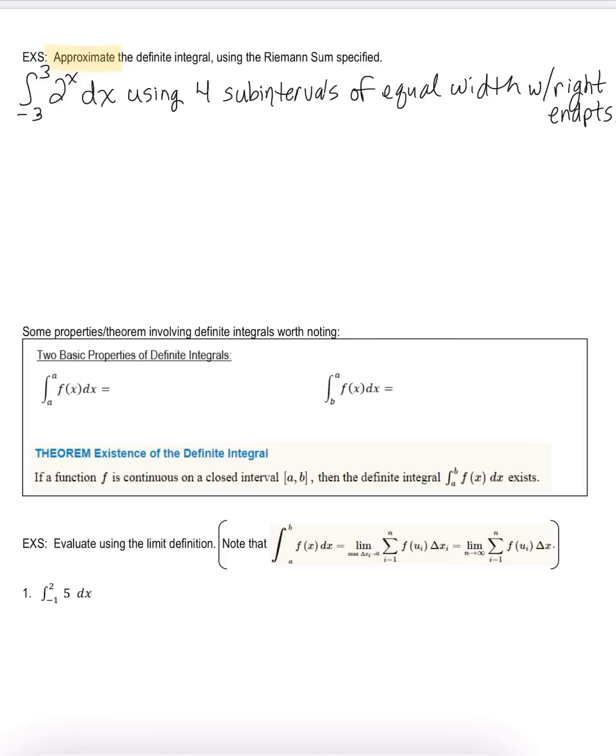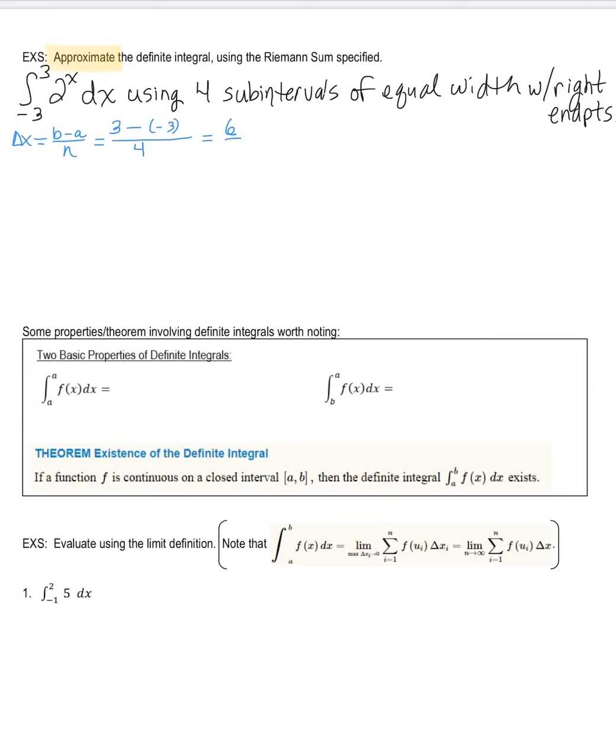So the first thing we're going to find is our width. And since we're doing equal widths, our delta x is b minus a over n. So b in this case is that upper limit of integration, that 3, minus a, that -3, and then all over n, which is 4.